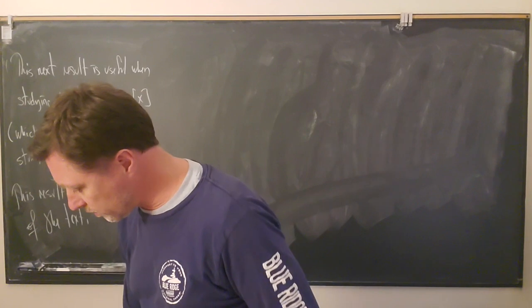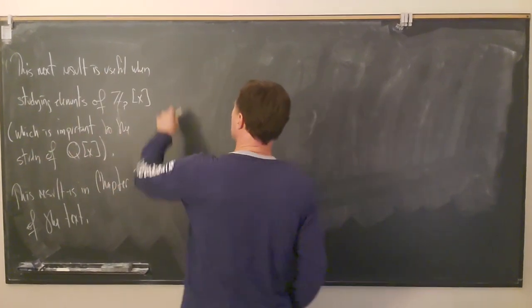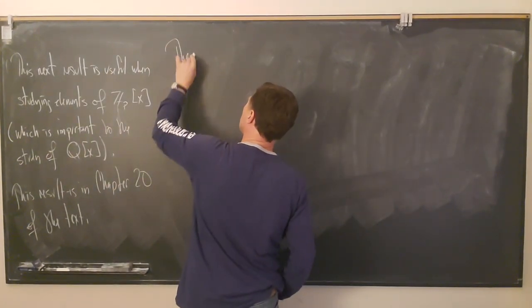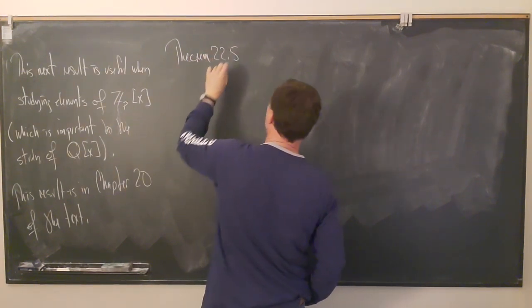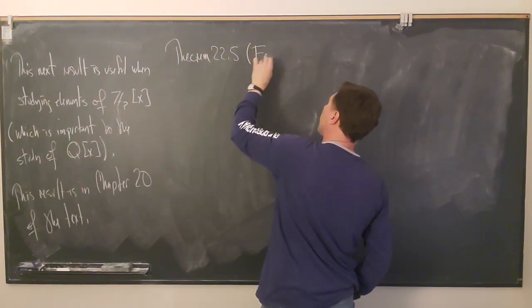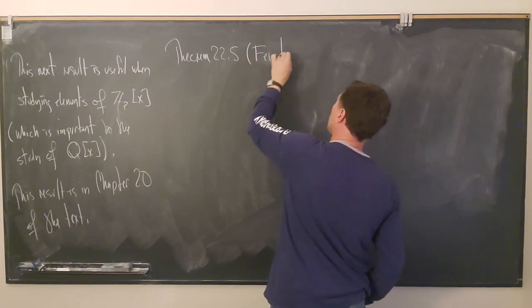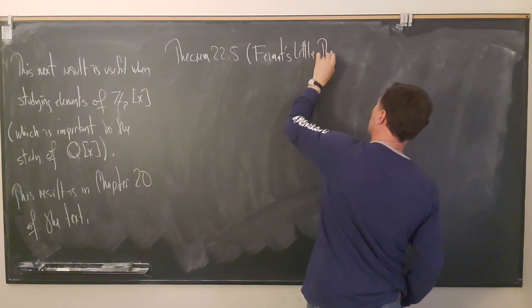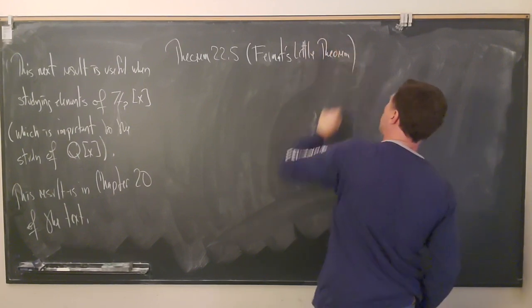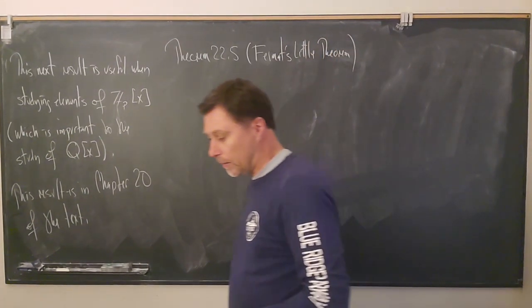Okay, so this is going to be Theorem 22.6. And this theorem has a name. It's called Fermat's little theorem. And it goes like this.